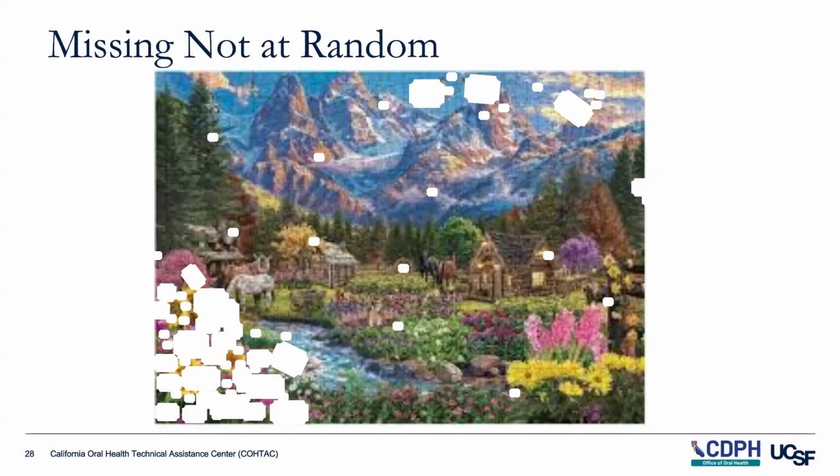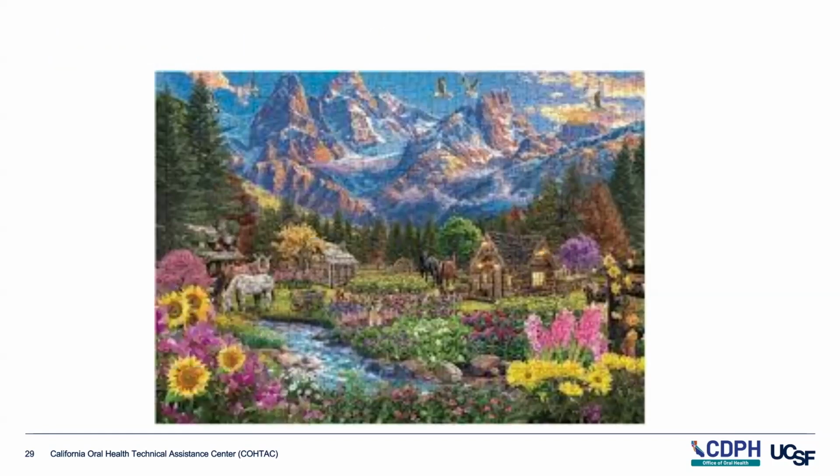When you start having the data missing not at random, you're missing pieces of the picture, and you might not even notice that there's birds in the sky because those are systematically missing. This is just an analogy to help you think about how having missing data affects how we can interpret what we have. Next slide. And then ideally, this is the goal, right? Okay, next.